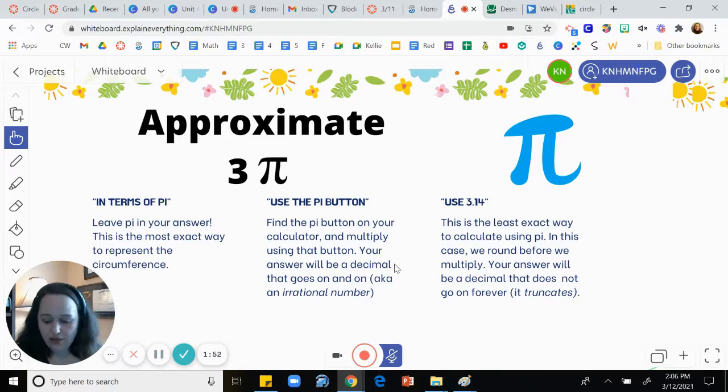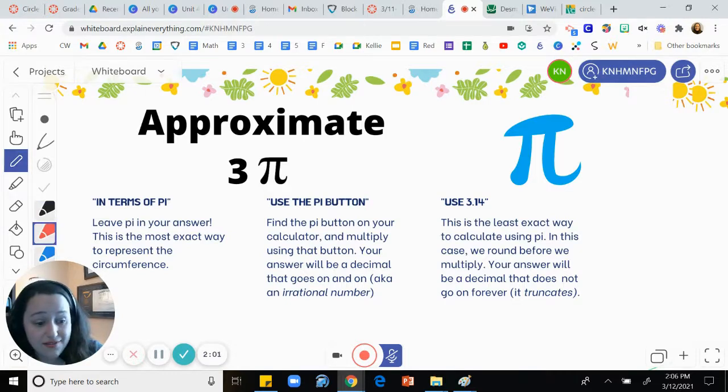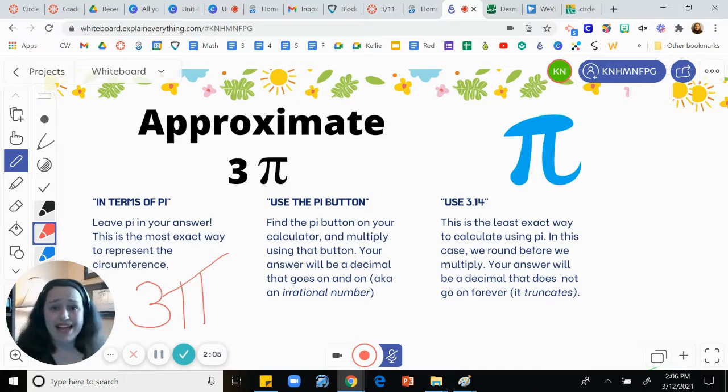If I approximate 3 pi, I can figure out that number in many different ways. One of the ways is to just leave that answer in terms of pi. When I do that, I just write 3 pi as my answer, and I'm done. Another way that I could do that would be to use my pi button. For this example, I'll use my calculator.